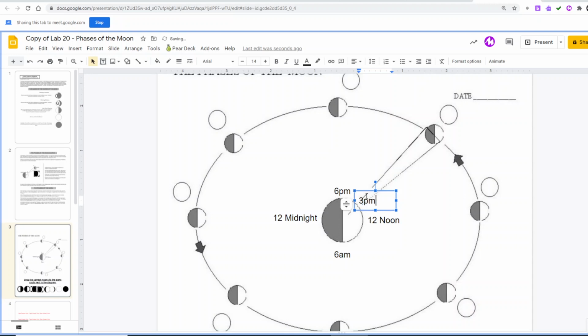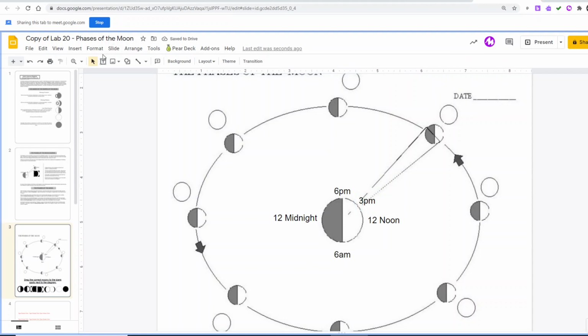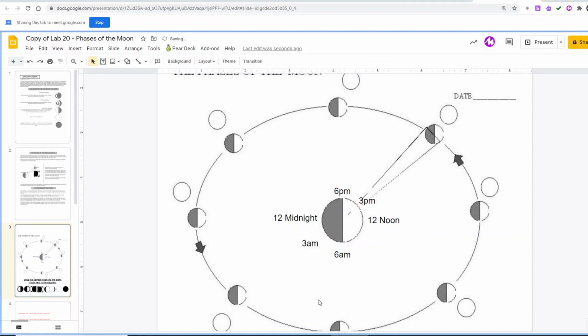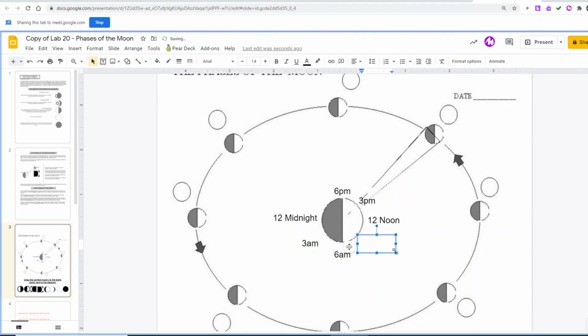Very good. 3 p.m. So if that's 3 p.m., then directly opposite 3 p.m. on the other side of the Earth would be 3 a.m. In between 6 a.m. and 12 noon, we should have 9 a.m. And then opposite 9 a.m. on the Earth would be 9 p.m.